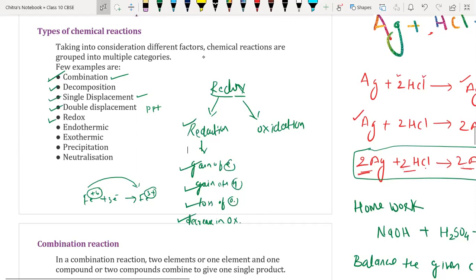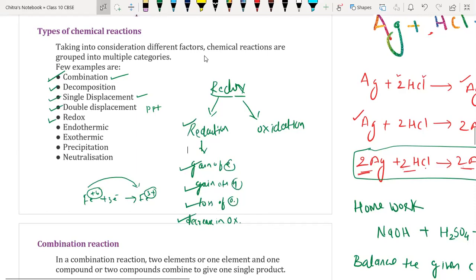And here decrease in oxidation state, here will be increase in oxidation state. If any one of all 4 possibilities takes place, then there will be an oxidation reaction. Those reactions in which oxidation and reduction take place simultaneously are called redox reactions. We will understand one by one in detail.